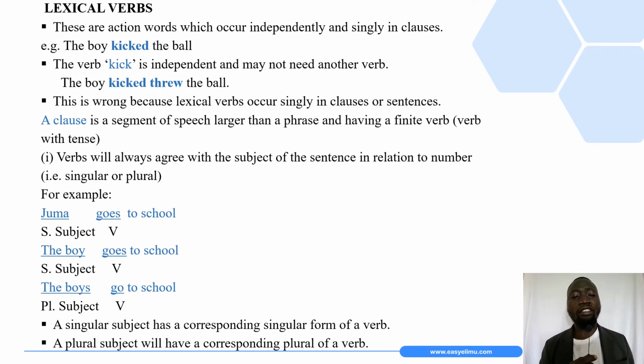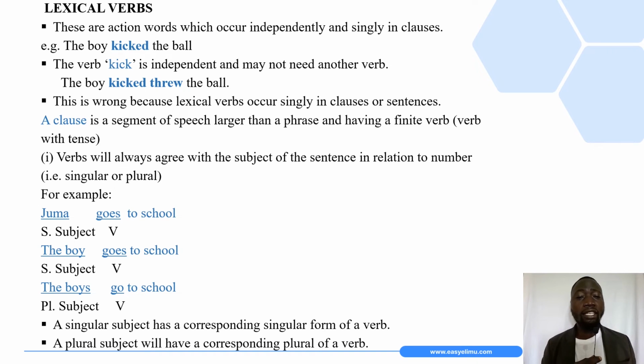So assuming we have another sentence that has two verbs, let us see how that will work. So the boy kicked through the ball. So that is wrong because the lexical verbs we said occur singly in clauses or sentences. So in this case, we have two lexical verbs, that is kicked and through, where through is coming after kicked. So the sentence is not making sense.